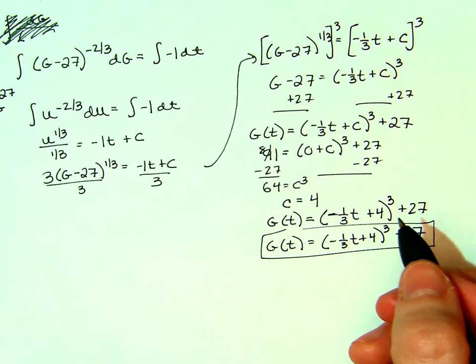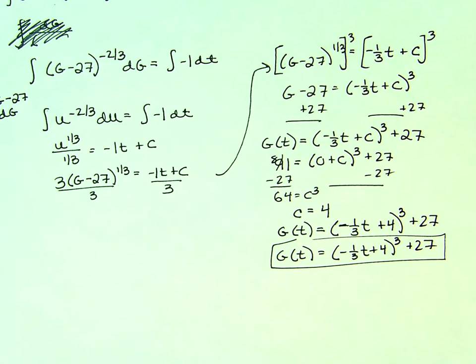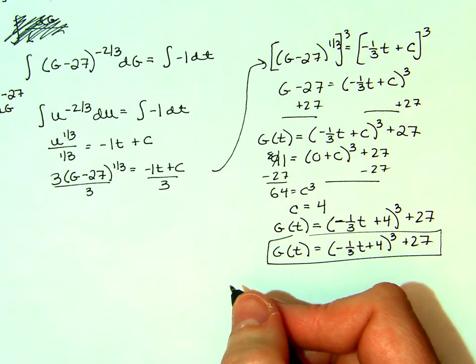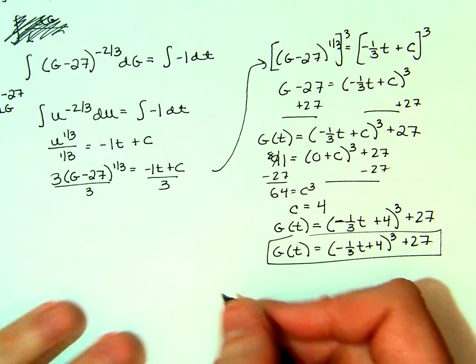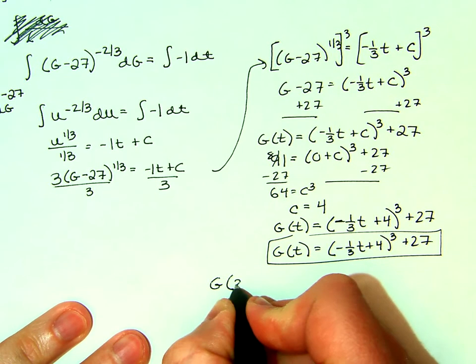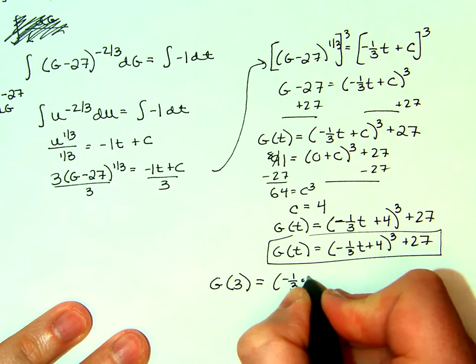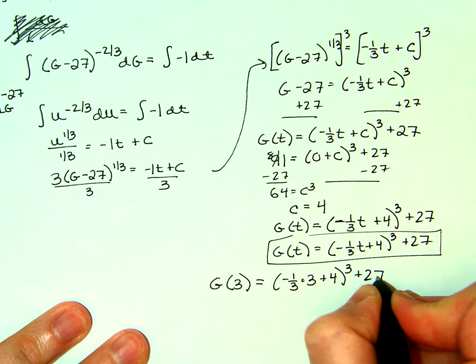But I'm not done. I was asked to find the temperature of the potato at time 3. Same thing I was doing in part A, but in part A I was using a tangent line approximation. In part C I'm using the solution to a differential equation to get my temperature. G of 3 is going to be negative 1/3 times 3 plus 4 cubed plus 27.